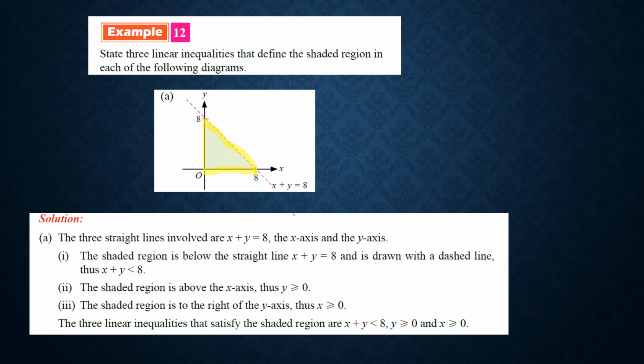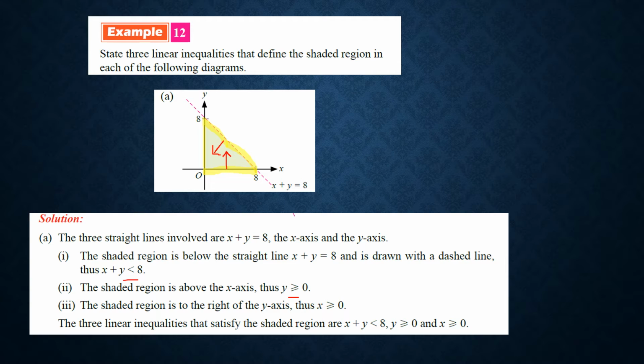So here, the shaded region from this dotted line is going down, so your inequality will be less than. Here for y equals to 0 it is going up, so it will be y greater than or equal to 0.